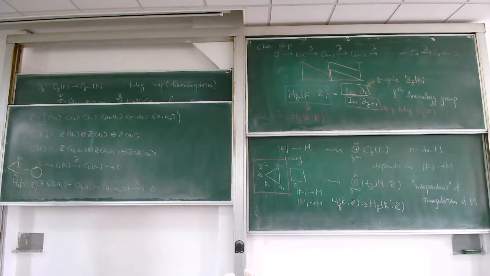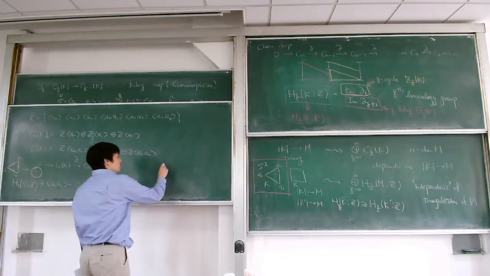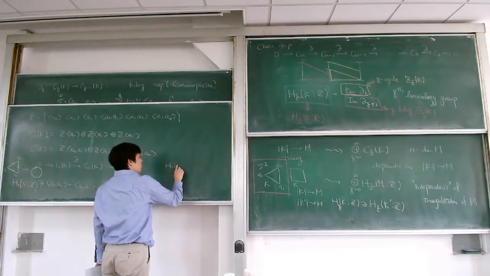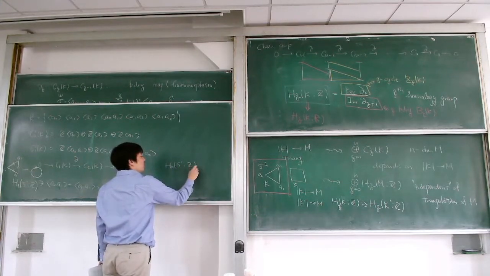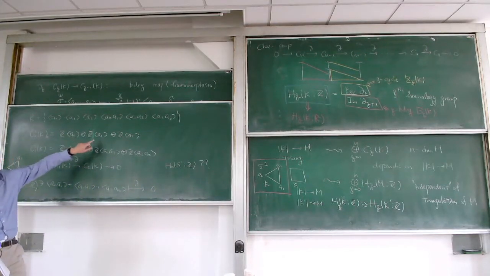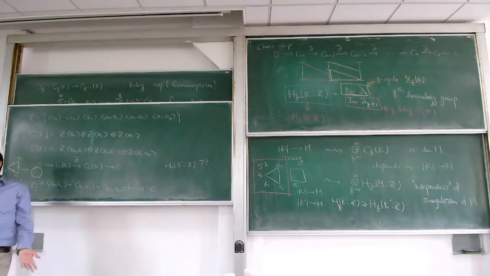And what is zeroth homology? What is H0 of S1 with Z coefficients? Any element A0, A1, A2, once you apply the boundary map, you get 0.